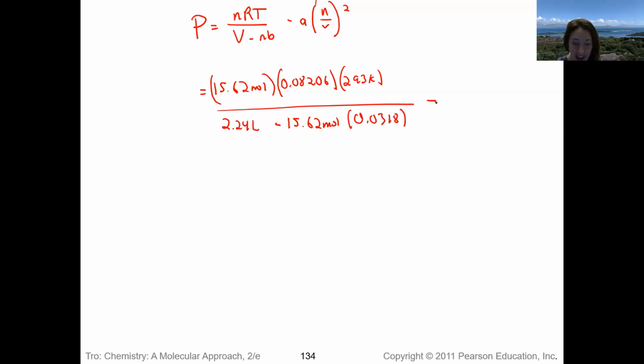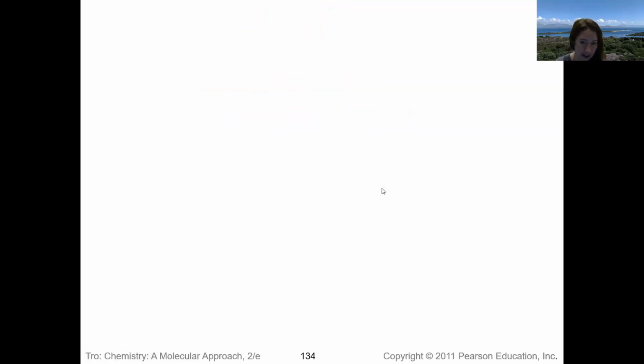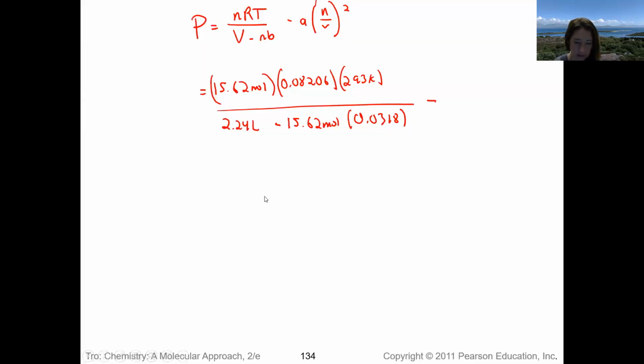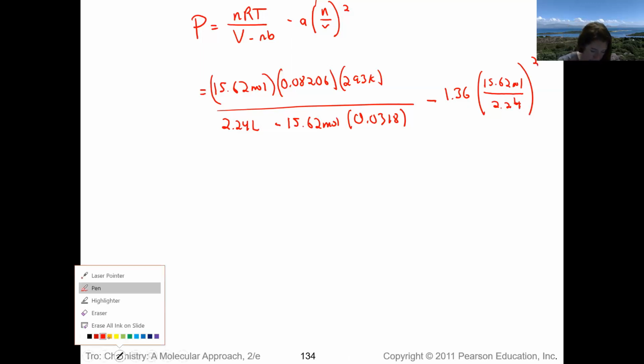Minus a, I forgot a, 1.36, times moles again, 15.62 moles, over our volume. And our volume is 2.24 squared.